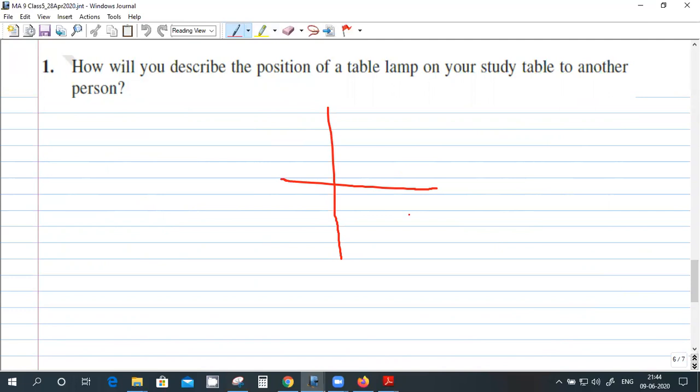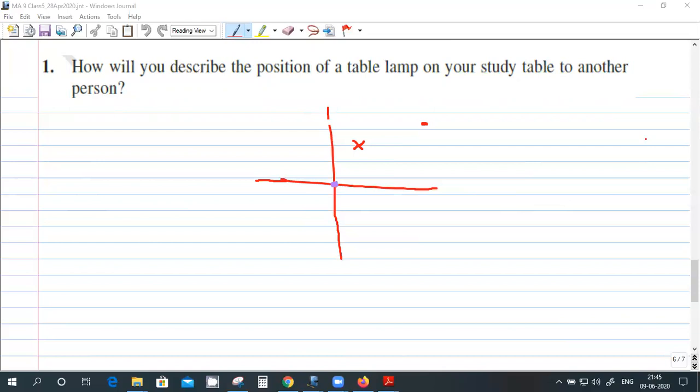I'll mark it here as a bigger dot. The table is just 1 point, and the origin is the center.